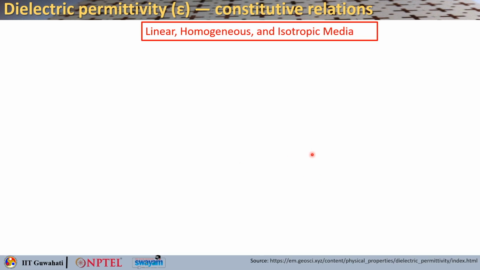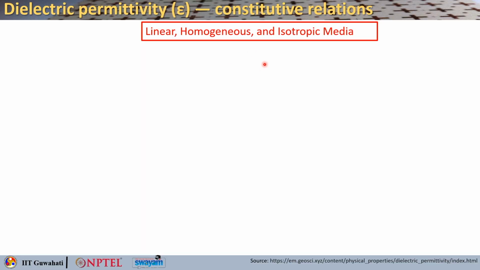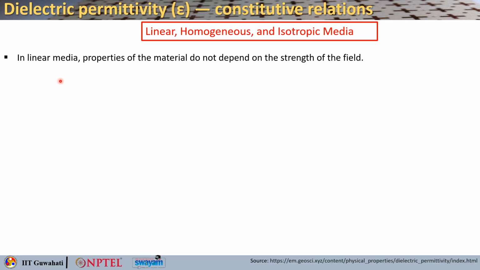Now, let us look into these constitutive relations in different types of medium. So, let us consider the most idealized one, that is linear, homogeneous and isotropic medium. So, what are these terms? Linear, homogeneous and isotropic. Linear medium means where the properties of the material do not depend on the strength of the field.